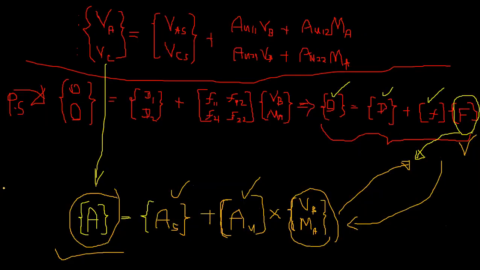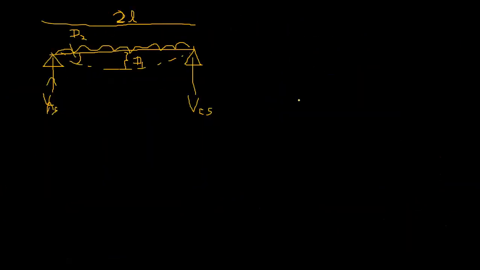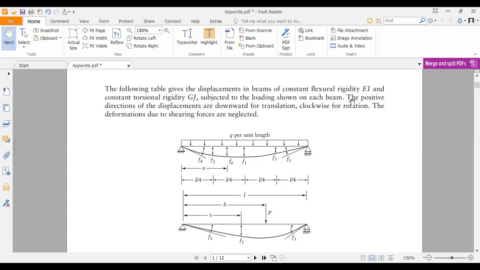So here and E1. So we need to refer to the appendix. So it's like this, right? So here they consider the positive direction of displacement as downward and clockwise rotation for their sign convention. So your sign convention is positive displacement is not the downward direction, it is upward direction.